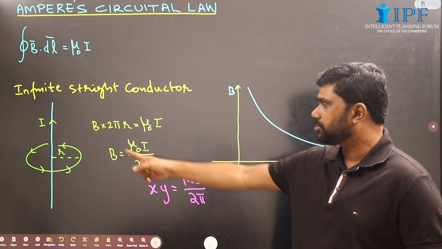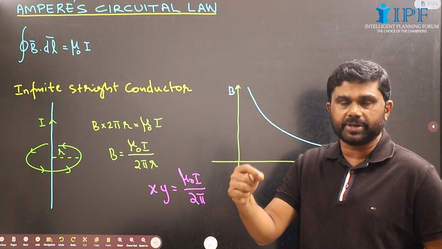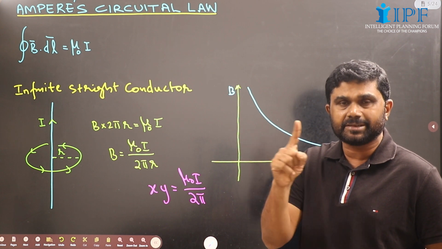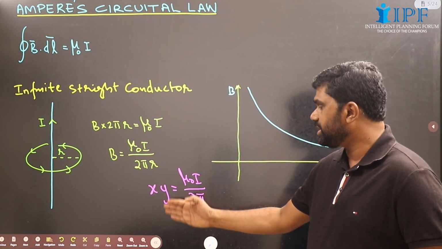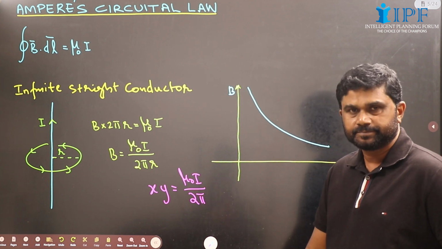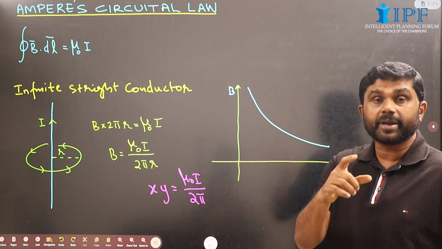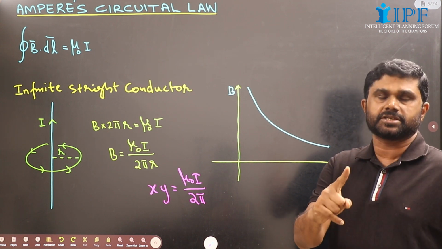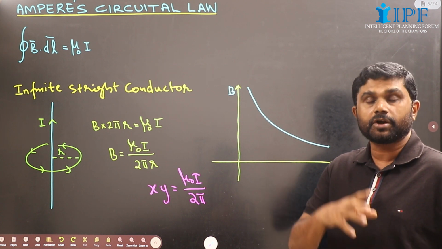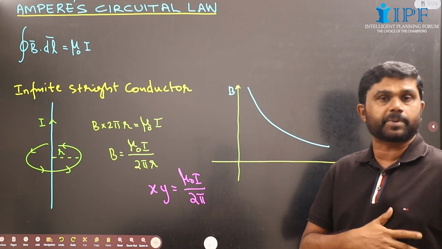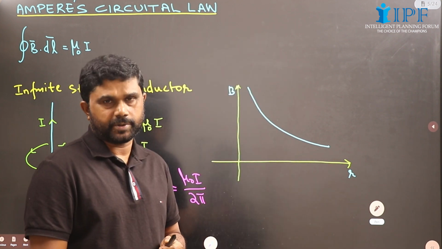Let me take this r to the left. So it will become rB, in which r is along the x-axis and B is along the y-axis. So I get xy equal to mu 0 I by 2 pi. The quantity on the right side is a constant, so the equation becomes xy equal to constant, just like PV equal to constant, which is the equation of a rectangular hyperbola, and this is the graph of a rectangular hyperbola.